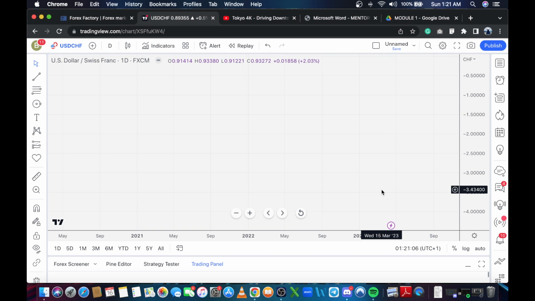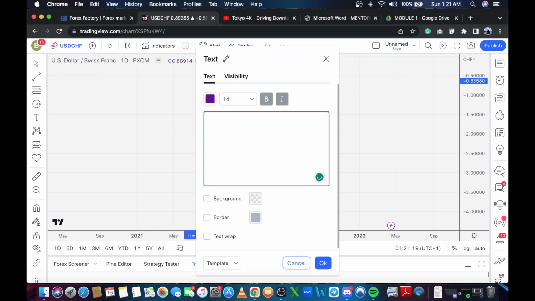Now, I'm going to go a little bit deeper into the concept of correlated assets. We have something called regional currencies. I'm going to type this out so you understand what I'm saying.